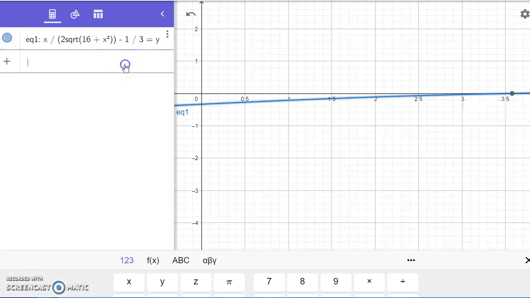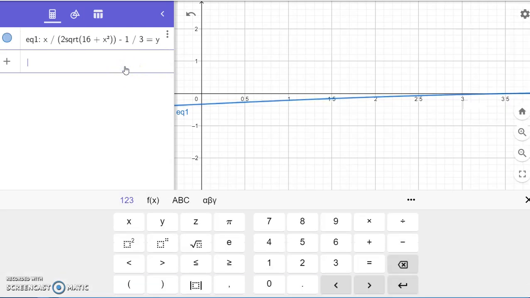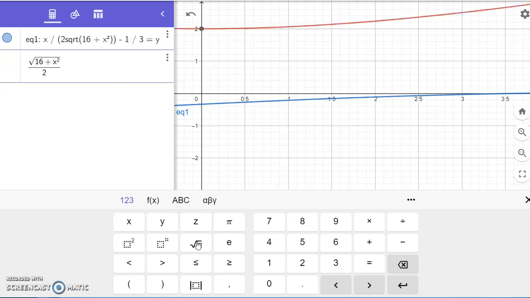That's the derivative. And then just for fun, let's put in our first equation, the total time equation. So that's going to be the square root of 16 plus x squared divided by 2, plus 6 minus x divided by 3.